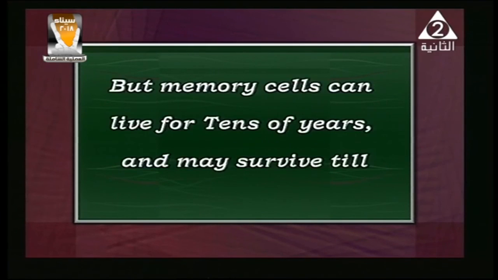Memory cells can live for tens of years. So we have here three types. B and T cells can just survive for several days, while memory cells live for a long time.